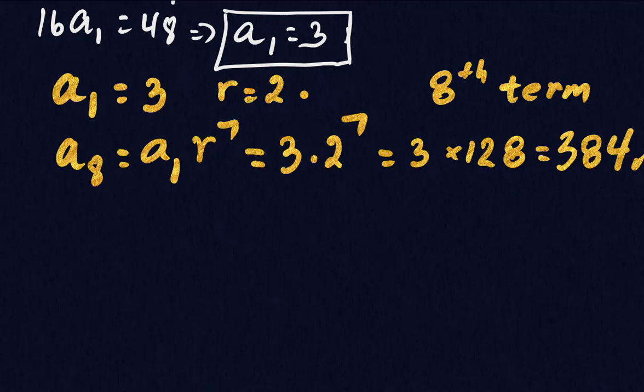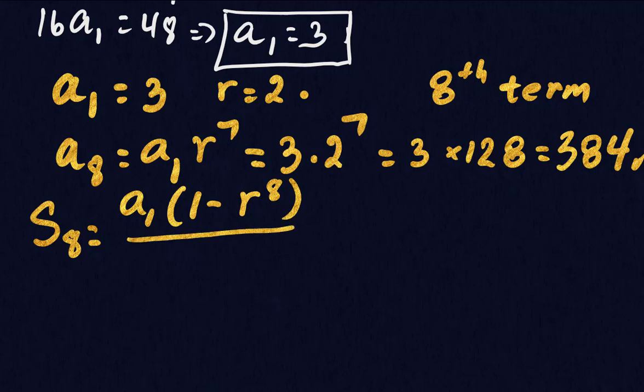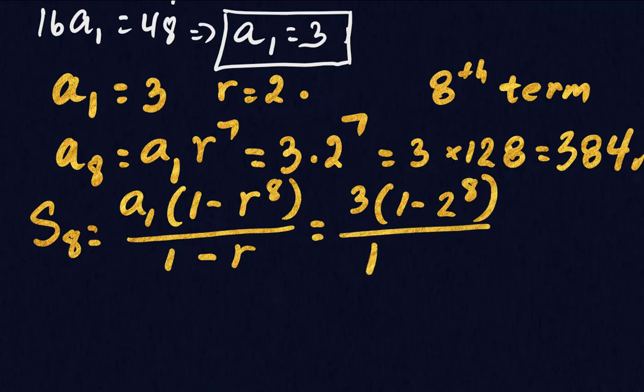Now the sum of the first 8 terms, we plug in the formula. S8 is equal to A1 times (1 minus R to the power of 8) all over (1 minus R), which will give us 3 times (1 minus 2 to the power of 8) all over (1 minus 2).